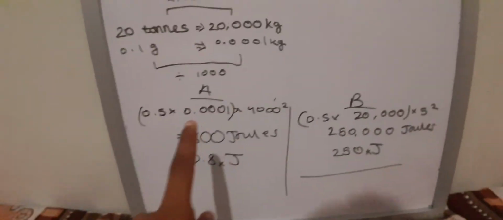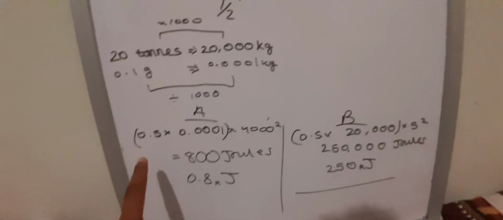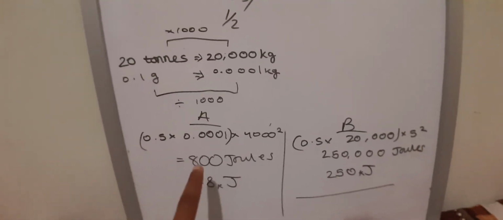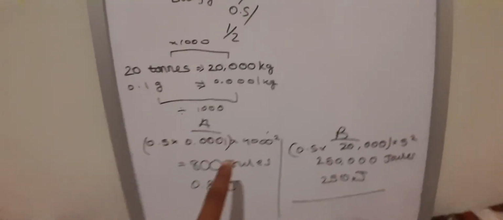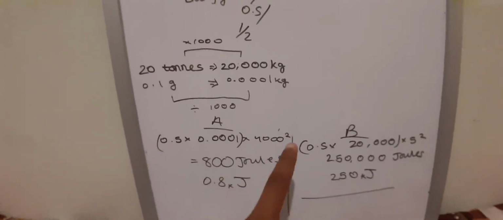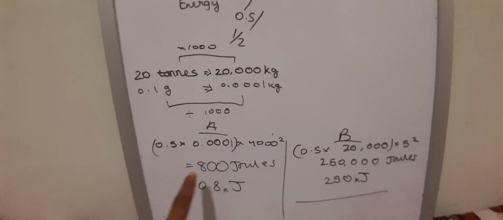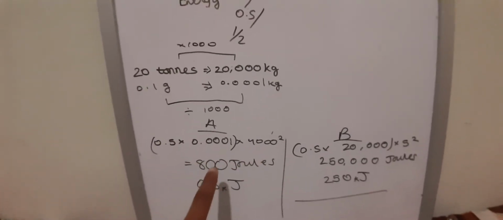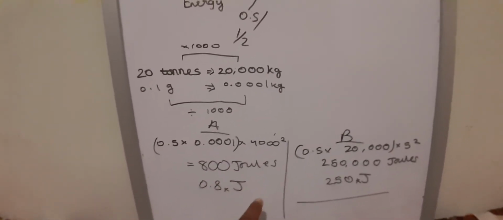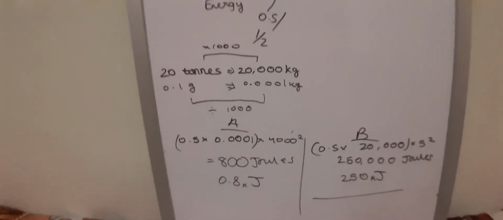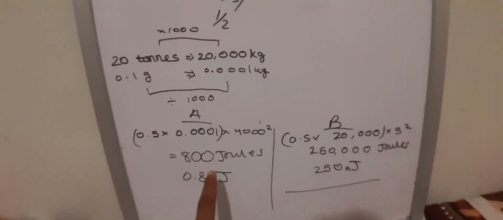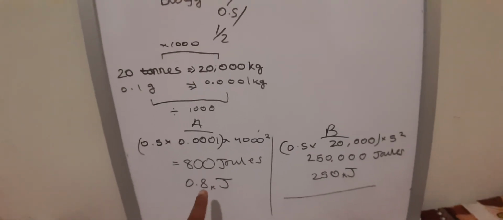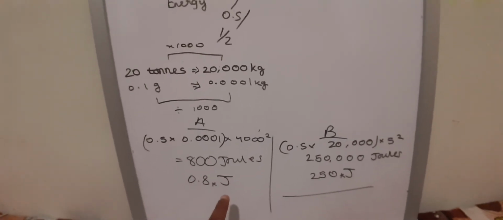So, A, the particle. 0.5 times 0.0001 times 400 squared. For this calculation, we will get 800 joules. If we want it in kilojoules, we will divide it by 1,000, so it will be 0.8 kilojoules.